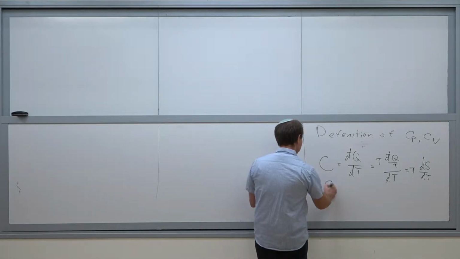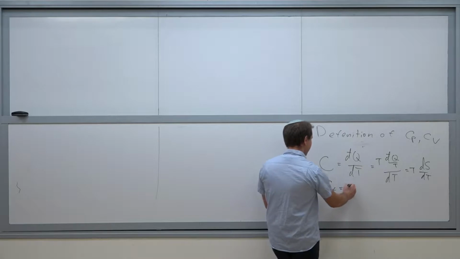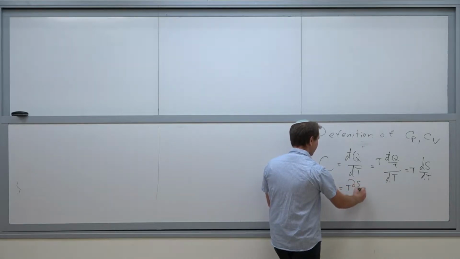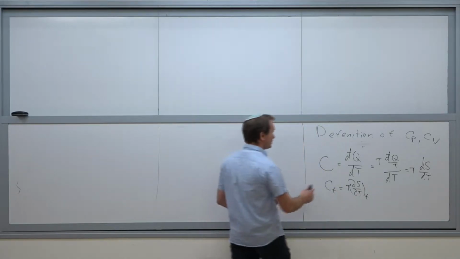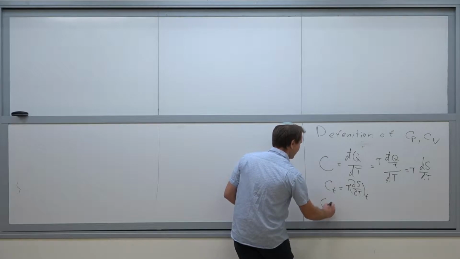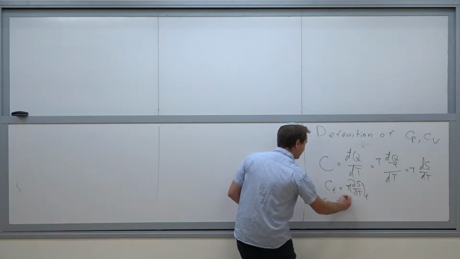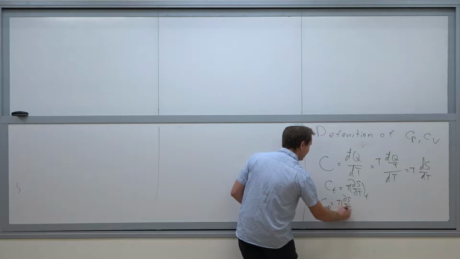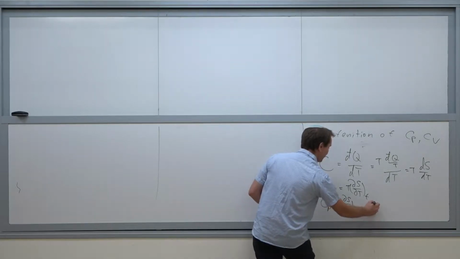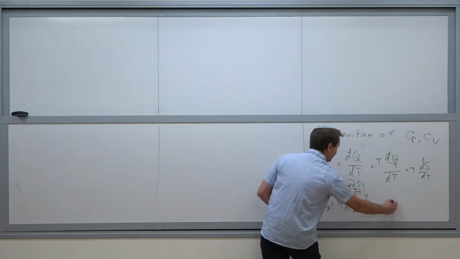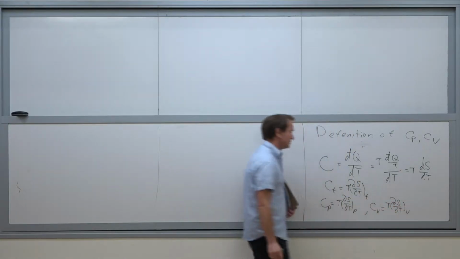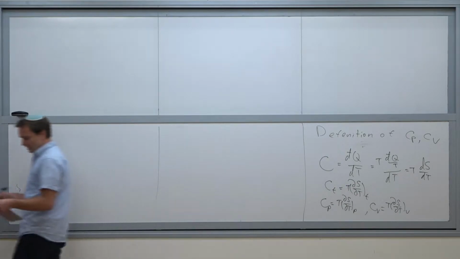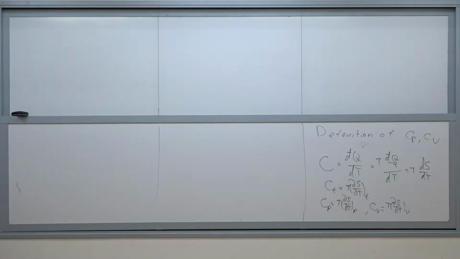So in general, C_F is T dS/dT while F is kept constant. More specifically, Cp is T dS/dT where P is constant, and Cv is T dS/dT where V is kept constant. Okay, so this is just something that we omitted last lecture.